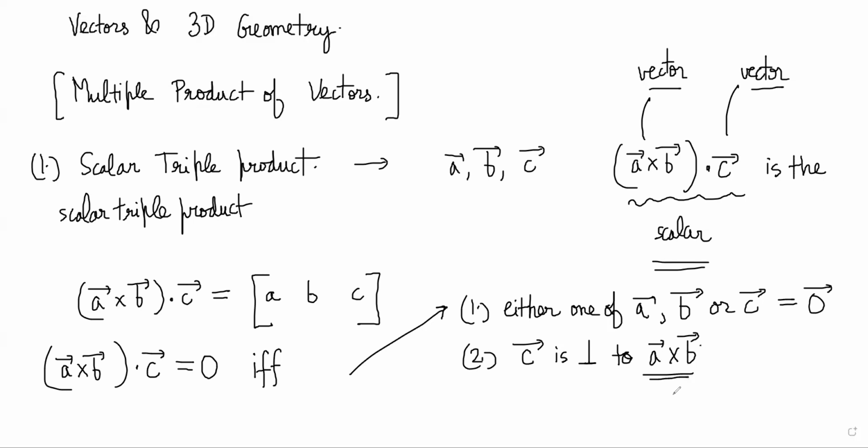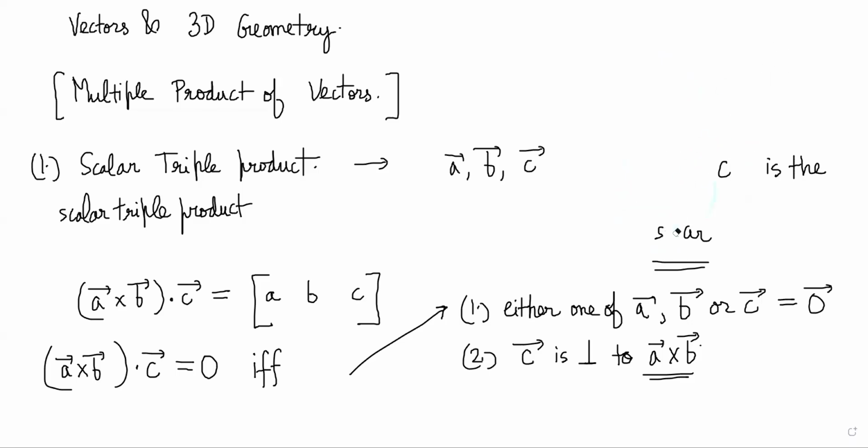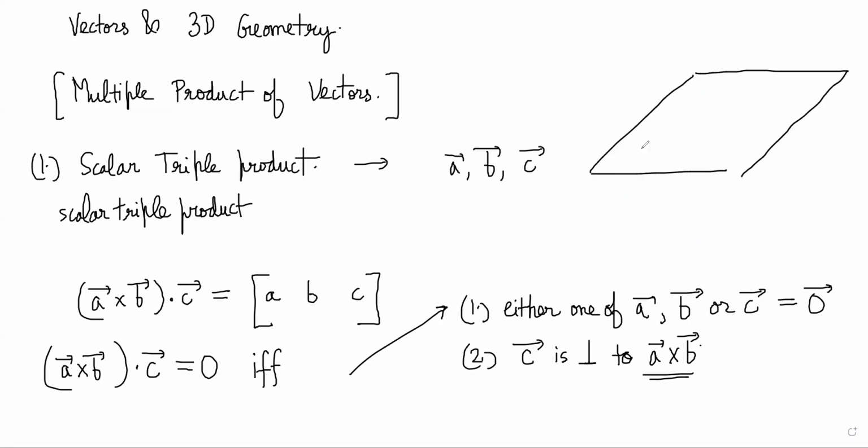And think about this for a moment. C is perpendicular to A cross B. But you know that A cross B itself is perpendicular to the plane of A and B, right? So if you visualize it on a diagram, this is what it looks like. This is a plane. This plane contains two vectors A and B, right?